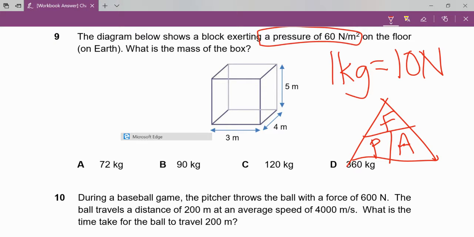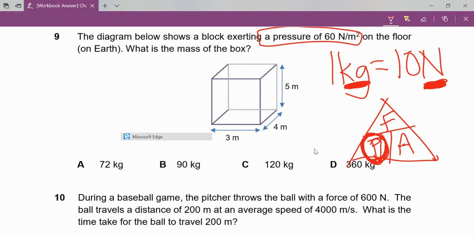What is the mass of the box? So, let's see. The pressure, we know already. In order to find the mass in kg, we will have to find out how much pressure is being exerted. So I will know the force. We already know the pressure.